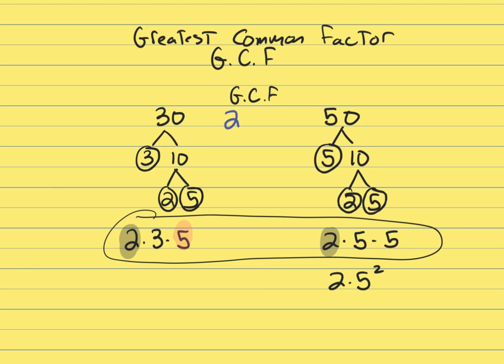The other thing they have in common is the 5. So they've got a 2 and a 5 in common. To find the greatest common factor, you multiply those two things together. 2 times 5 is 10. And that's our greatest common factor for 30 and 50. That's one way to do it.